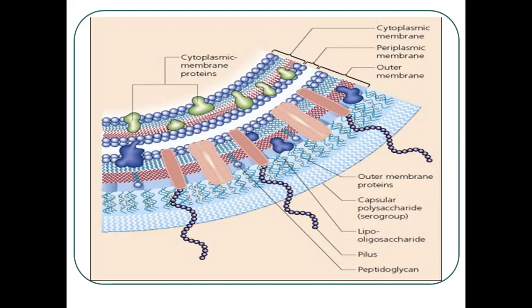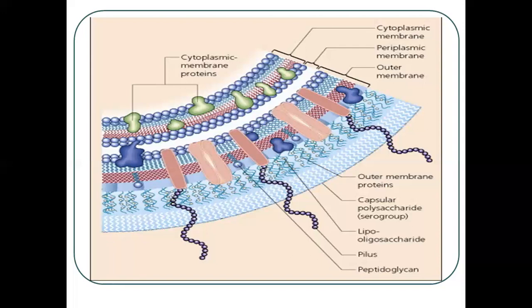If you look at this diagrammatic presentation of the cell wall, starting from the bottom on the right side, you see that we have a peptidoglycan layer. This cell wall also has the pili, the lipooligosaccharide, and polysaccharide capsules, then outer membranes.